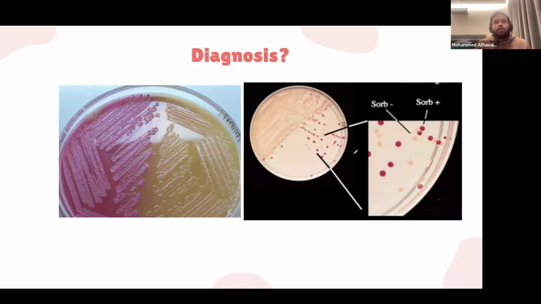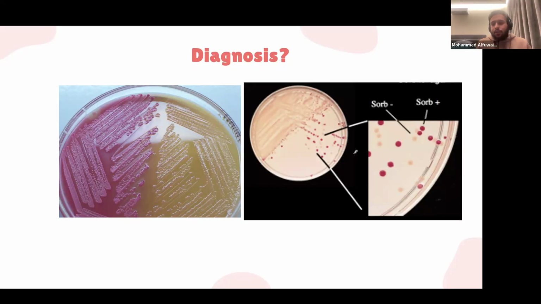Now you have a patient who just recently traveled and presented with watery diarrhea. What's one of the most common bacteria that can cause watery diarrhea? The key term is they just traveled. Perfect. Enterotoxigenic E. coli. Good.